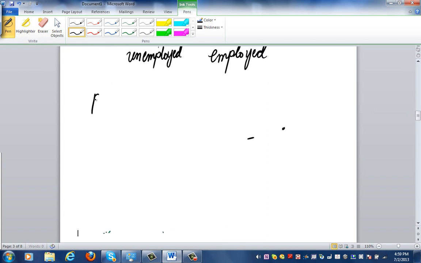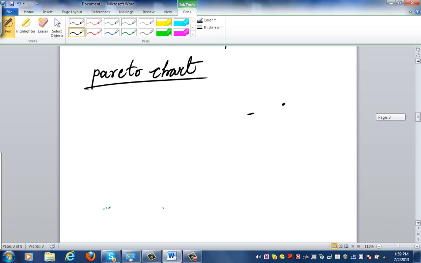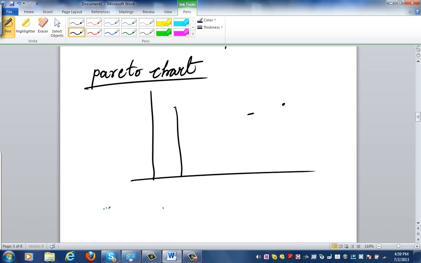A Pareto diagram or a chart is that you draw the rectangles in decreasing order of height.